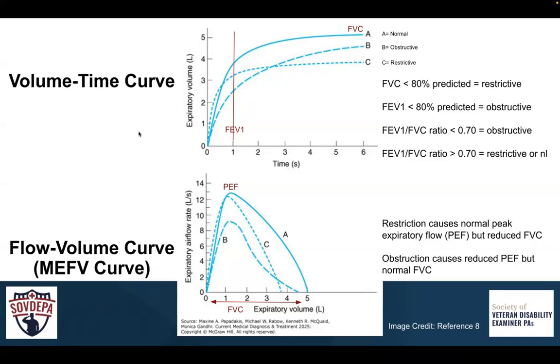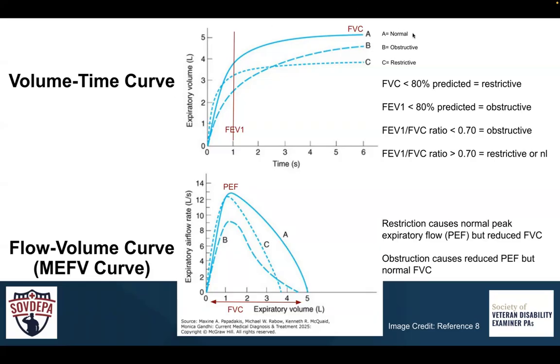We went over this in our first lecture together, but just walking through it because now I have an example here where A is the normal curve for both diagrams, B is obstructive, and C is restrictive. Okay, so we're going to walk through what this means.